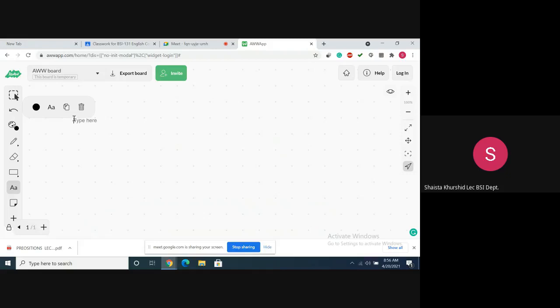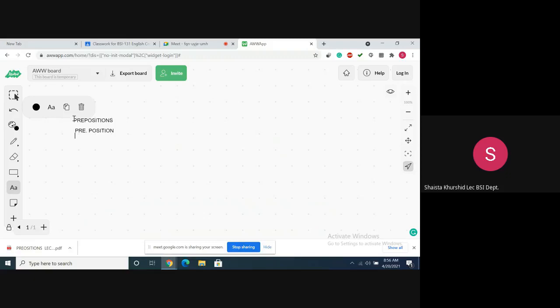So as I was discussing prepositions, as the name shows, pre-position: whenever we have a noun, this particular word, which is a word class, the preposition, will be preceding the noun.